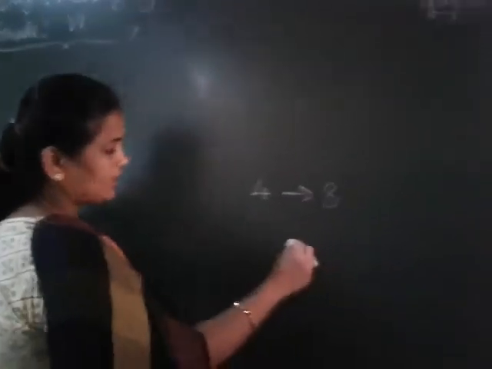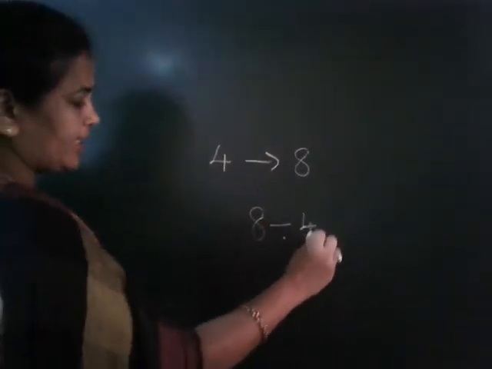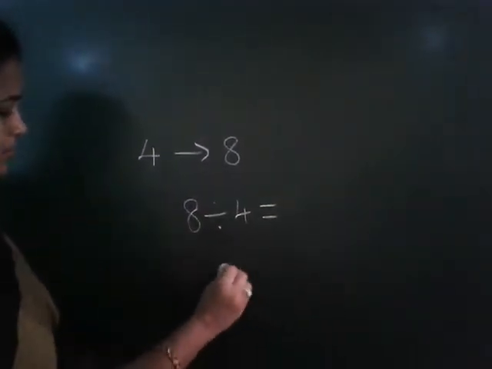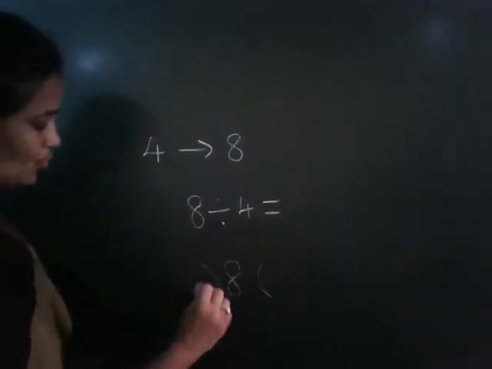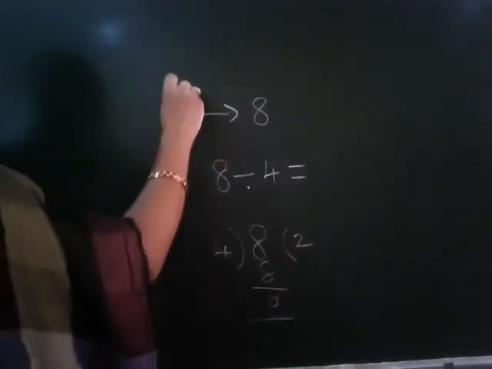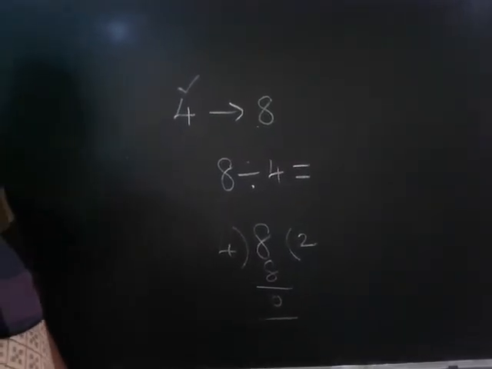Why? 2 fours are 8, so you get the remainder 0. So 4 is called a factor of 8.